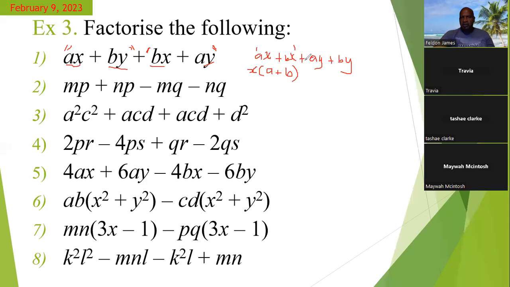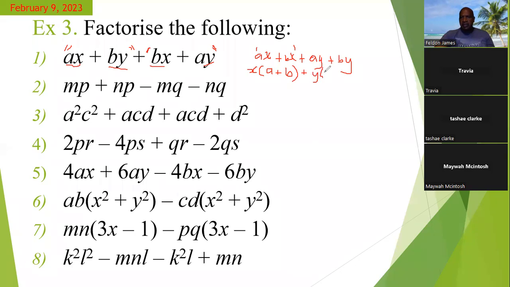Now, moving on to the next pair, we keep the plus sign in the middle here. For the next pair, we pick out what is common, which is the Y. So we pick out Y as our HCF. Then we divide each of the terms in the second pair.